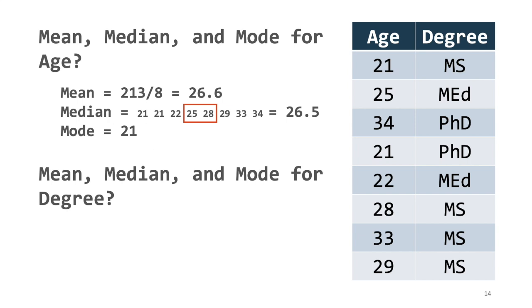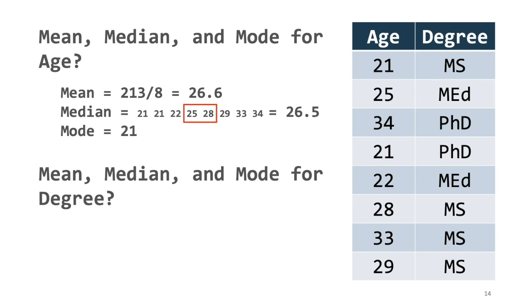All right, so what about the mean, median, and mode for degree? So the first thing we want to think about is what kind of variable is degree? Does it look continuous? Nope, so it's definitely not interval or ratio. So the mean is scratched off the list. And then is there an order to it?